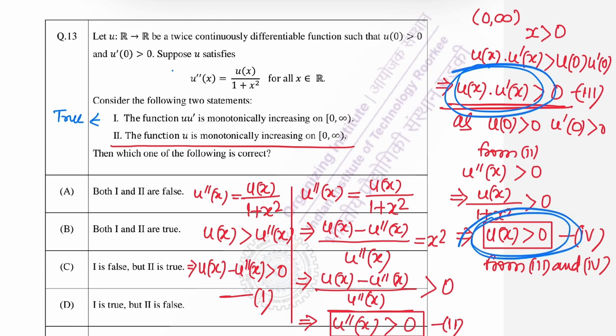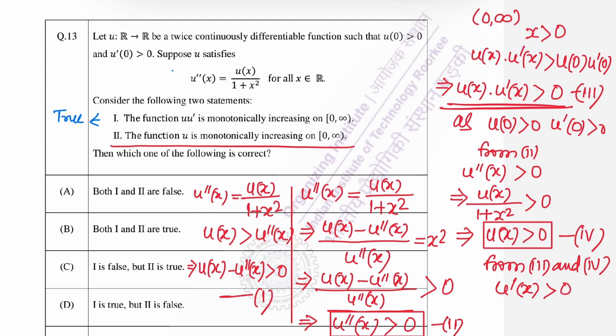If you see these two relations, these two inequalities, then you have u double dash x is greater than 0, and this implies that ux is monotonically increasing.